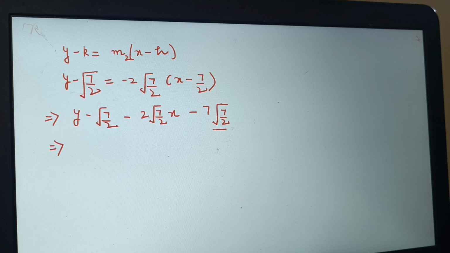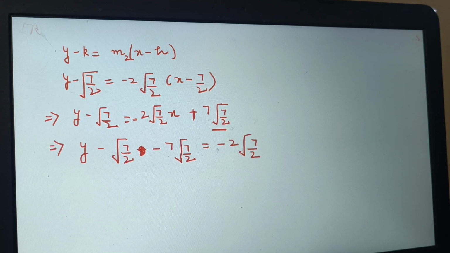Taking this minus 7 square root 7 by 2 to the left hand side, it will become plus, and taking the other term across as well, I get y minus 8 square root 7 by 2 equals minus 2 square root 7 by 2 x.